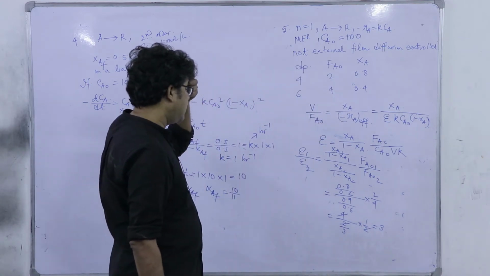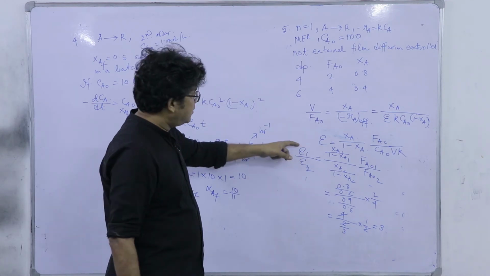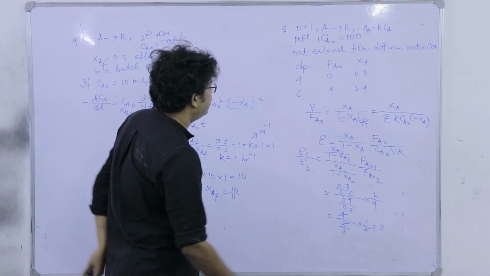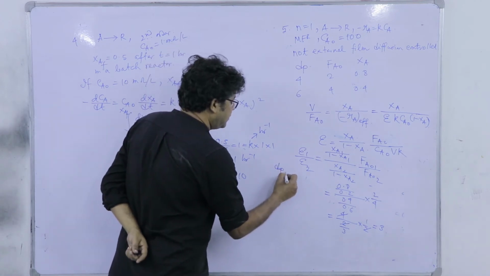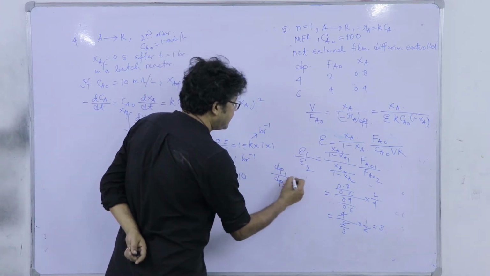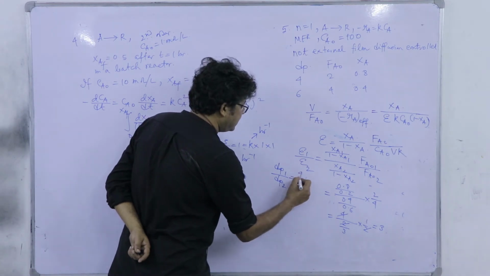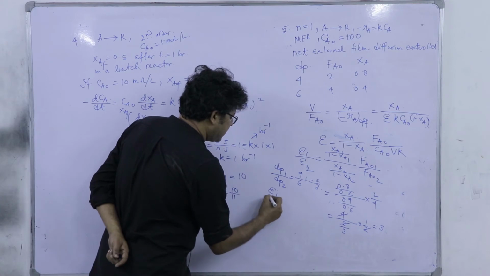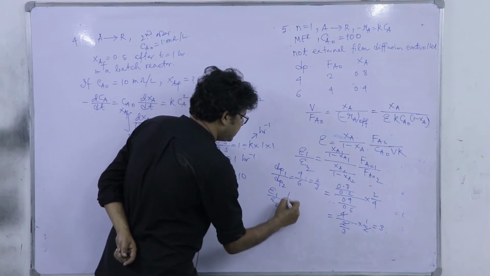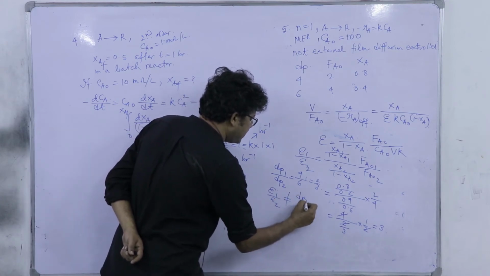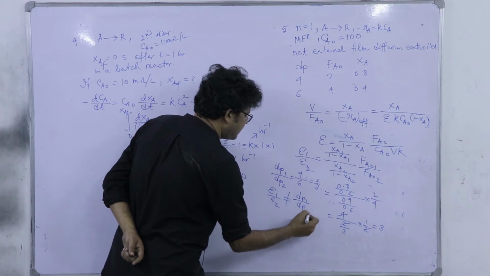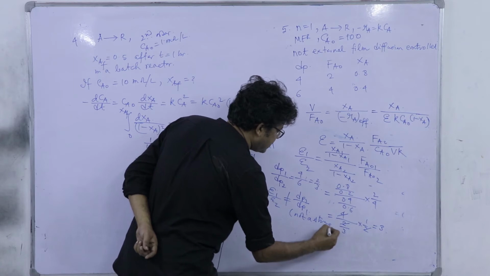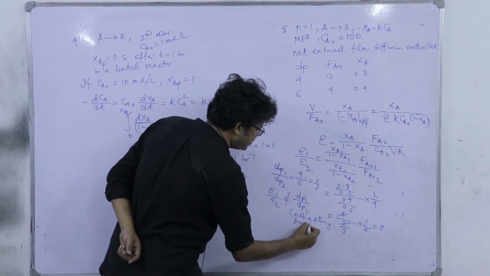Okay. Now you see, epsilon 1 to epsilon 2 ratio, we have got 3. Now dp1 to dp2 ratio is 4 by 6, that is 2 by 3. So epsilon 1 by epsilon 2 is not equal to dp2 by dp1. So it is not a strong pore diffusion regime.